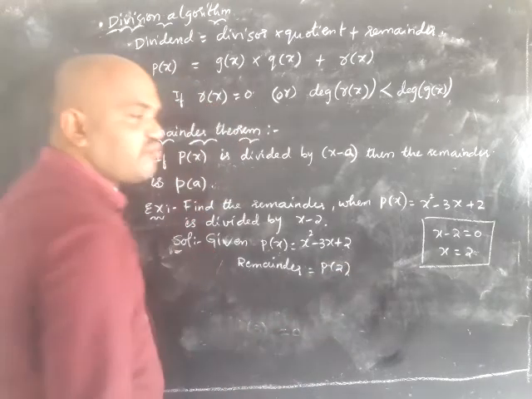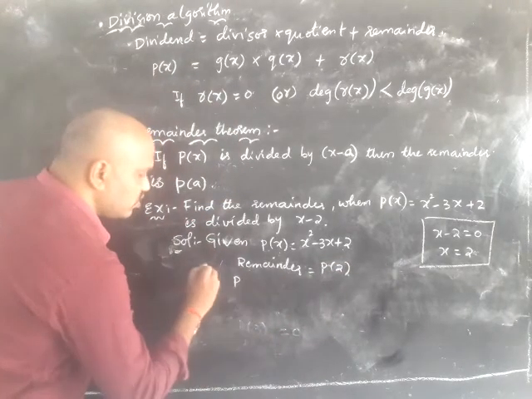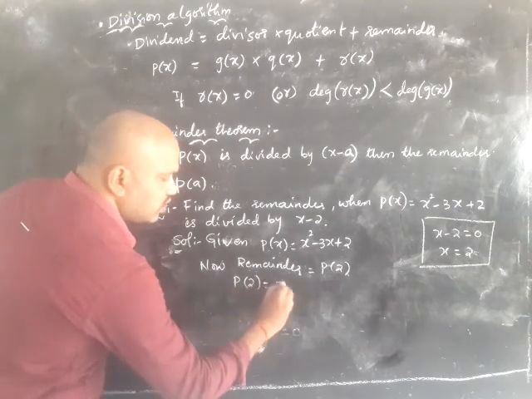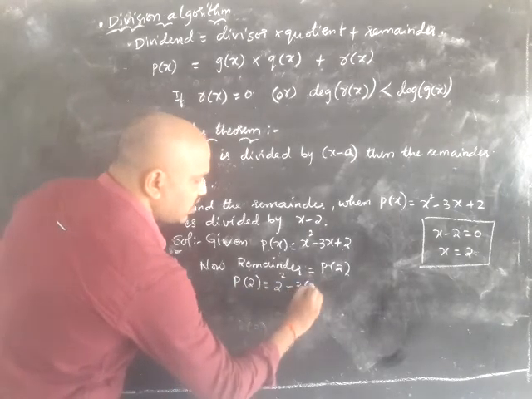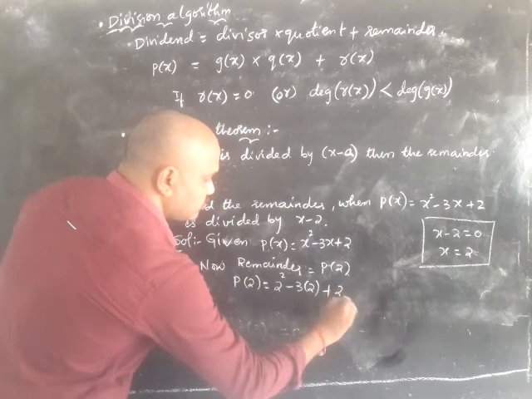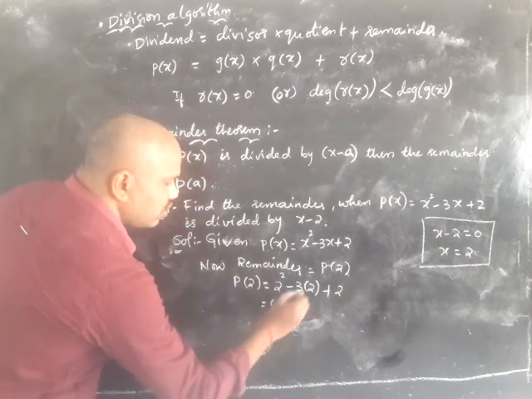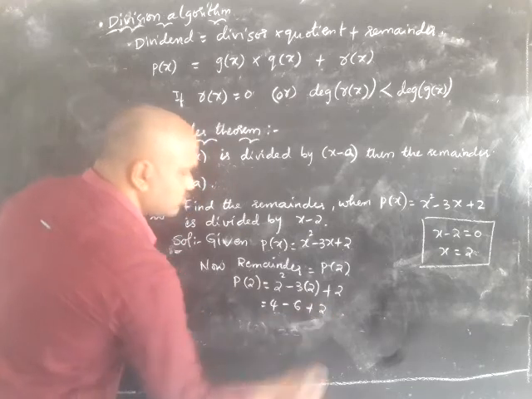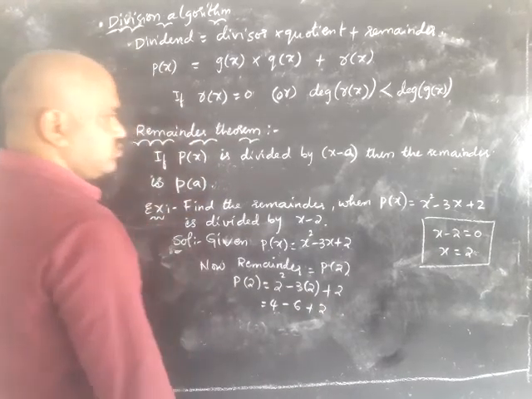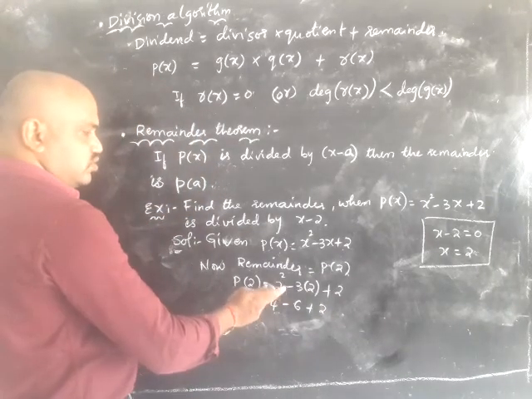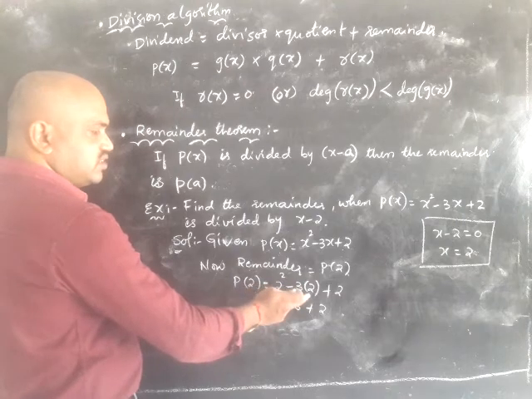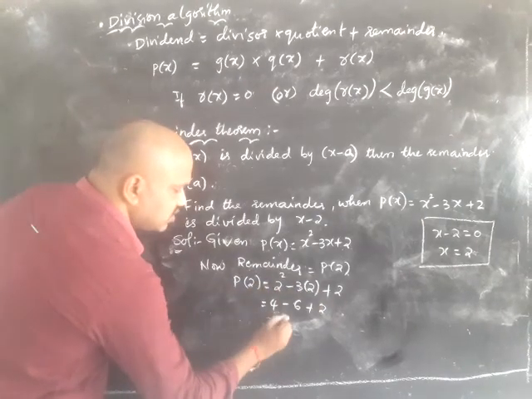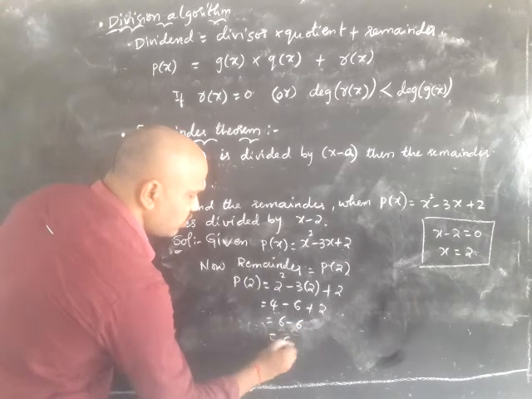Now we have to find the value of P of 2. P of 2 is 2 square minus 3 into 2 plus 2. 2 square is 4, minus 3 twos are 6, plus 2. 4 plus 2 is 6, 6 minus 6 is equal to 0.